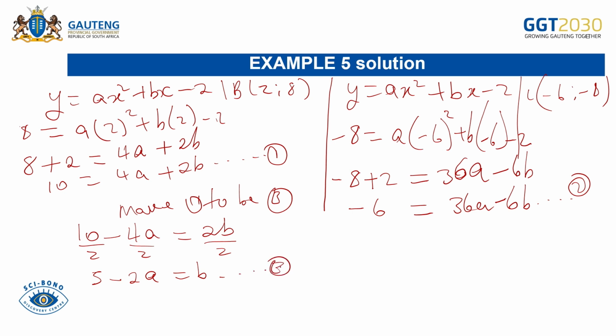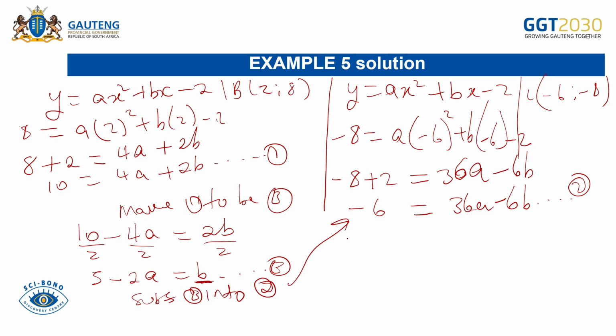Then you take your equation 3 and substitute it in equation 2. Why are we not substituting in equation 1? Because we have already used equation 1 to make equation 3. So I'm going to take this and substitute here. Wherever I see b in this equation, I substitute 5 minus 2a.